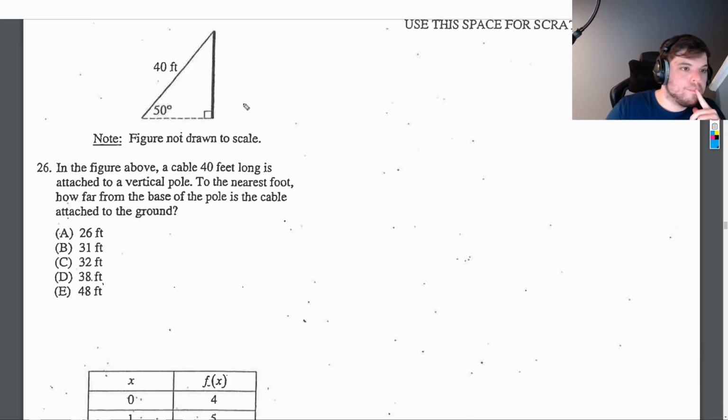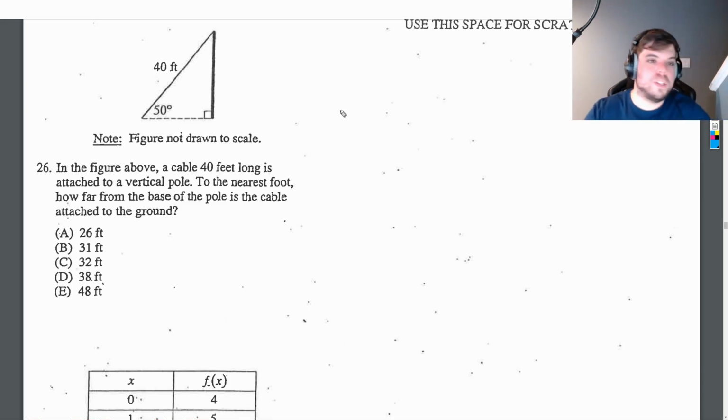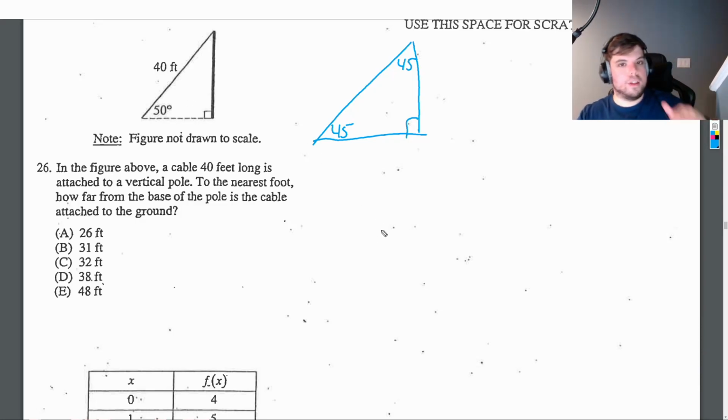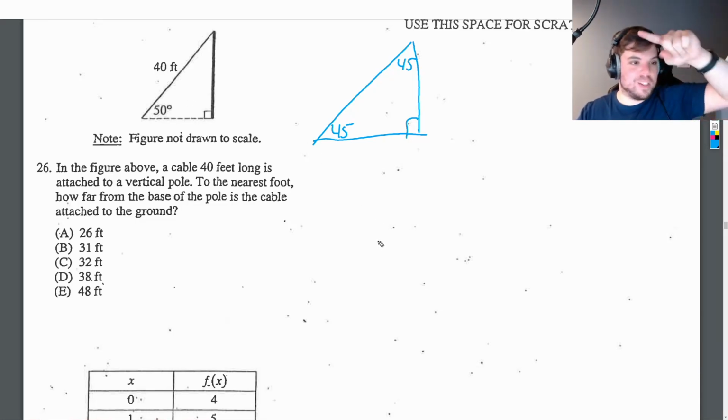Oh, you know, there might be. There absolutely might be. Is it faster, though? I don't know if it's faster, but let's say this was a slightly different triangle. Let's say it was a 45 triangle. What that would mean is that the cable is further out.